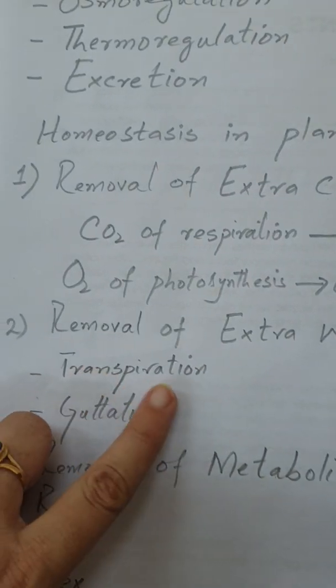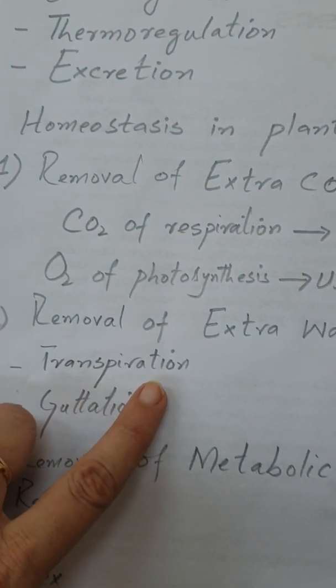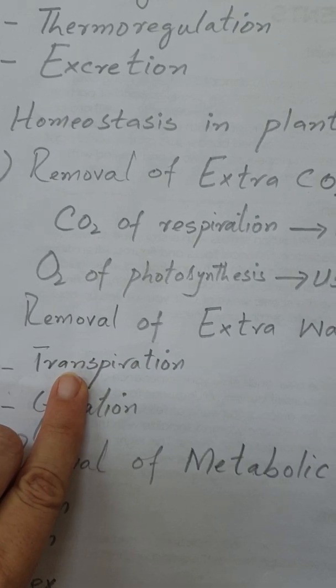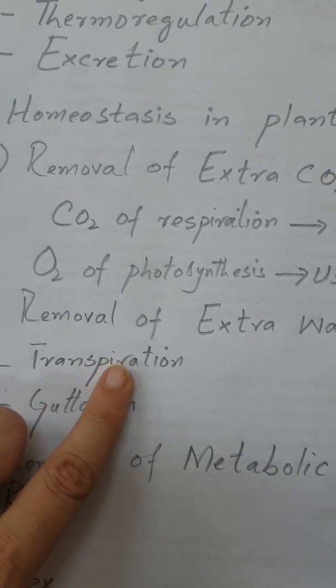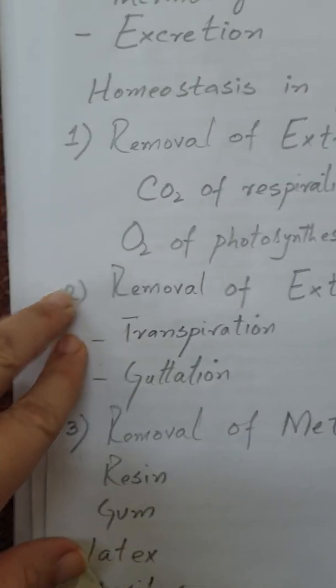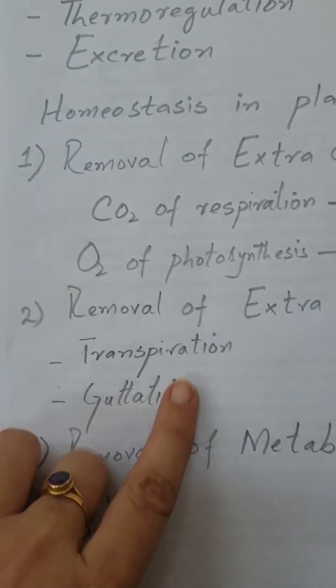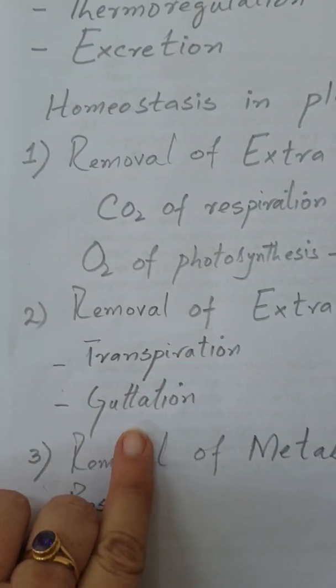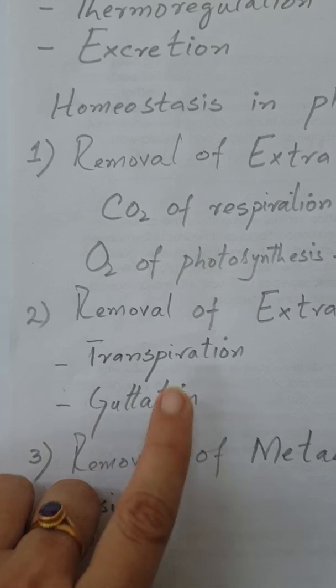But if an extra amount of water is present in the plant, it may be dangerous, and that is why that water can be removed through two processes: one is transpiration, the other is guttation.